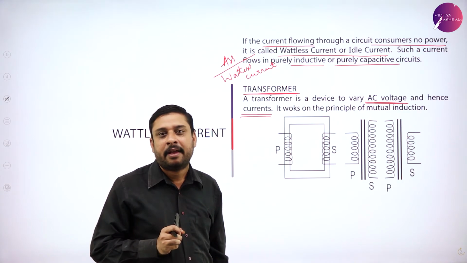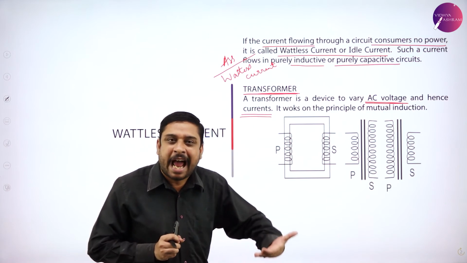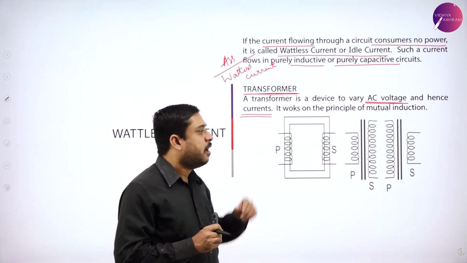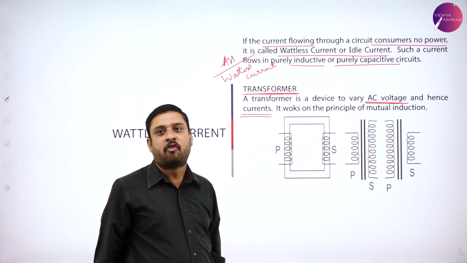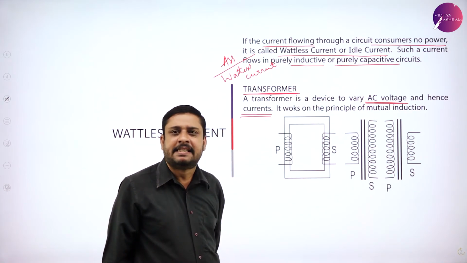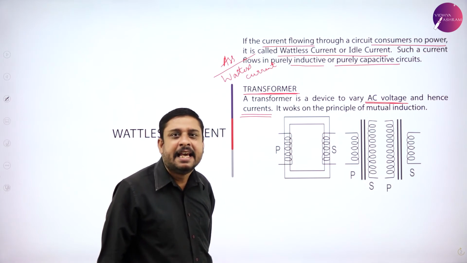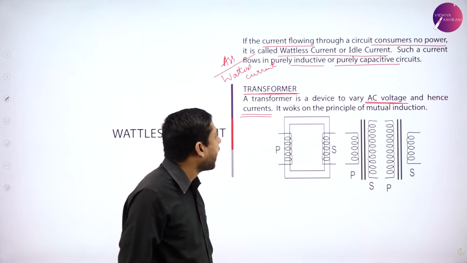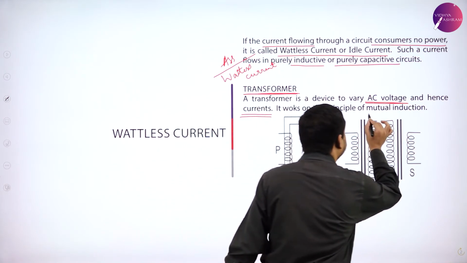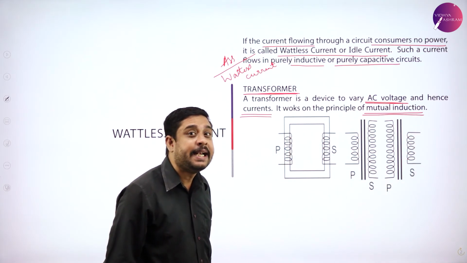Sometimes instead of 220, I may get 110 or 100, where I have to increase the strength, step up again. I use a transformer. So a transformer is a device used to vary AC voltage or AC current, and it works on the principle of mutual induction.